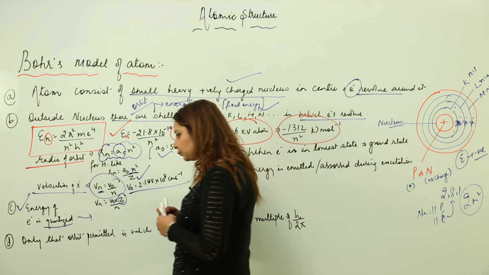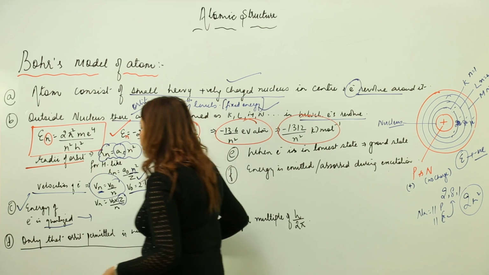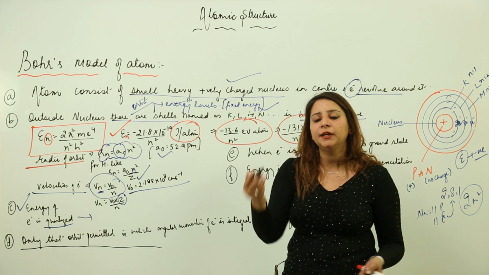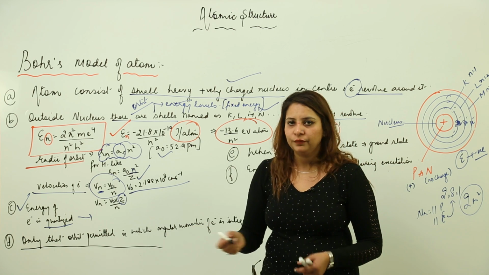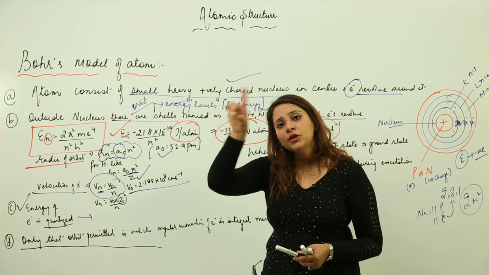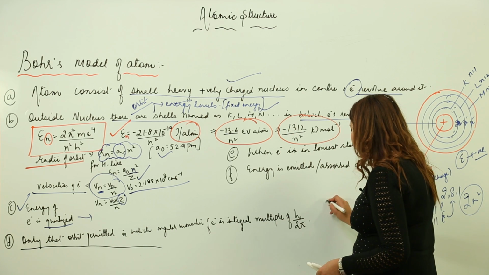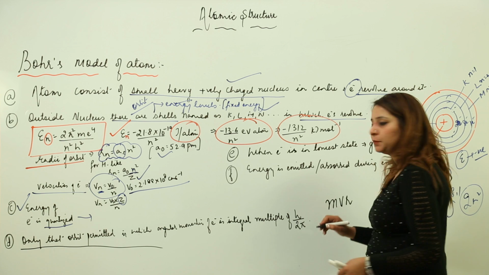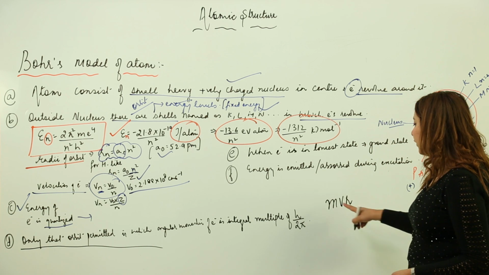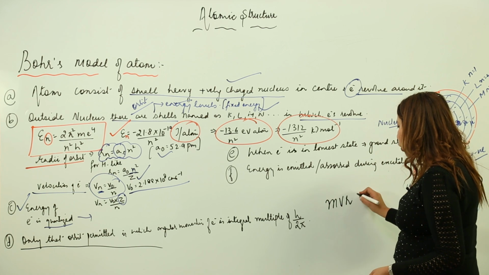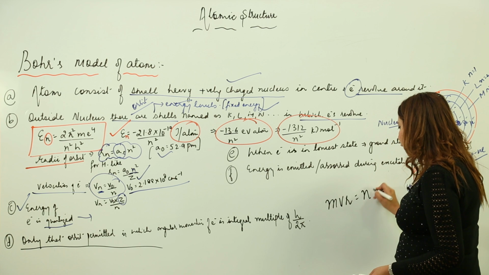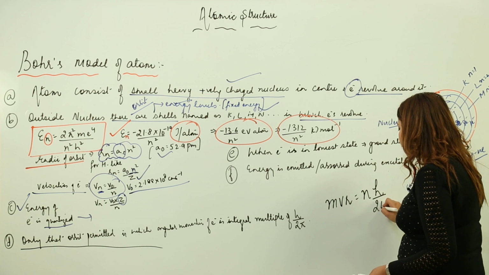Next is that it's not like any orbit which you draw can be made 1, 2, 3. No, we cannot. Only those orbits are permitted in which angular momentum of electron, what is angular momentum? This is mass into velocity into radius. Angular momentum of electron is an integral multiple of h upon 2 pi.